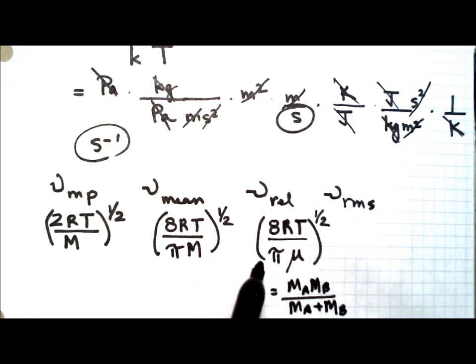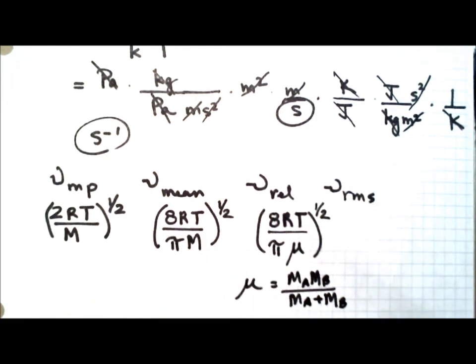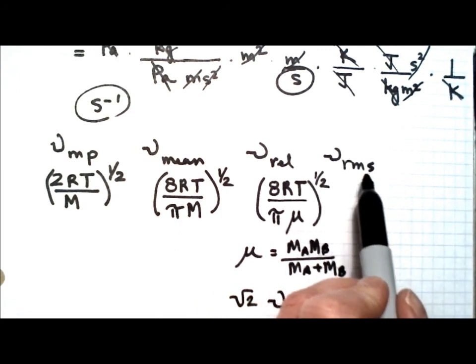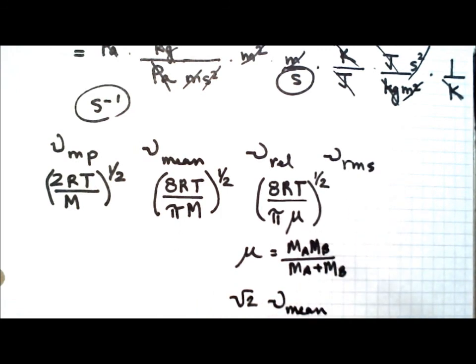Now if I'm talking about a pure gas, then my mean relative speed is simply equal to, in that case, the square root of 2 multiplied by the mean speed, this guy here. And finally, my root mean square speed is, I don't have the formula for that at my fingertips, so we'll just leave that one for you to look up.